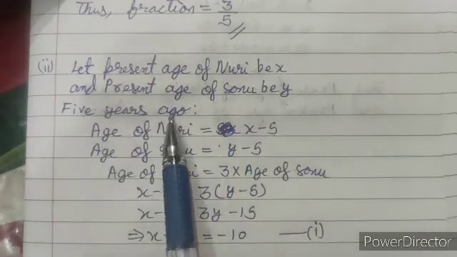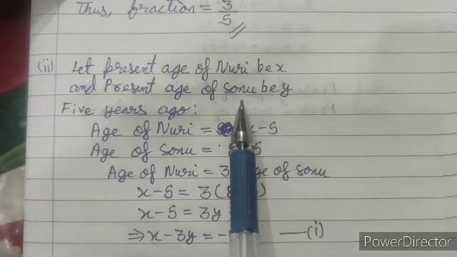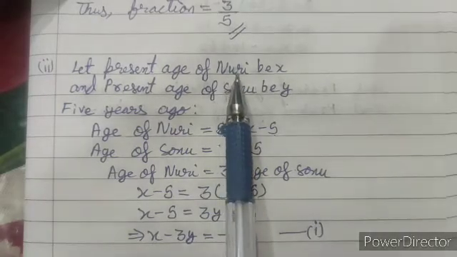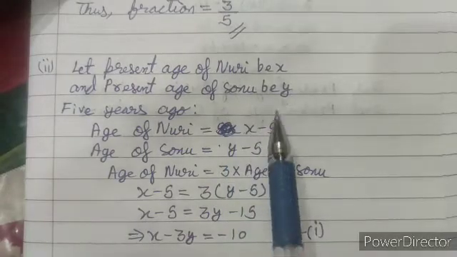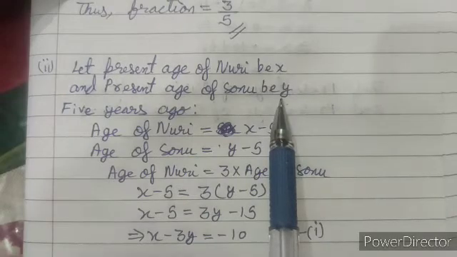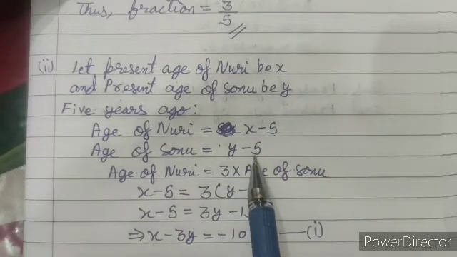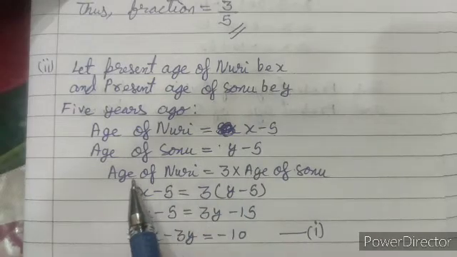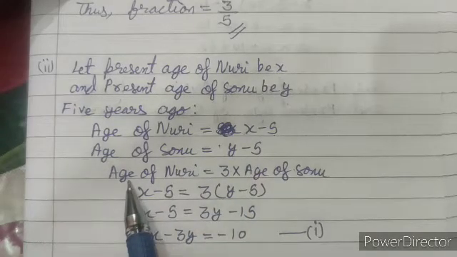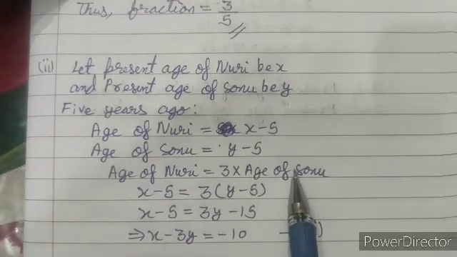Now 5 years ago, the age of Noori was thrice the age of Sonu. So 5 years ago, the age of Noori was x minus 5, as her present age is x. Similarly, the present age of Sonu is y, so 5 years ago his age was y minus 5. Now the relation given in our question is that the age of Noori is thrice the age of Sonu.